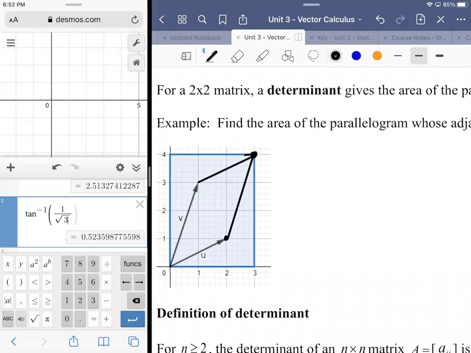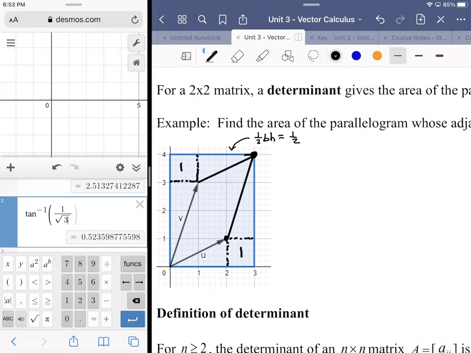If I want the area of that parallelogram, a way of handling that would be to subtract off the areas that I don't want. So I don't want this square, and I don't want that one. 1 by 1 gives you an area of 1, and 1 by 1 gives you an area of 1. These look like 2 sets of congruent triangles, each having an area of half the base times the height.